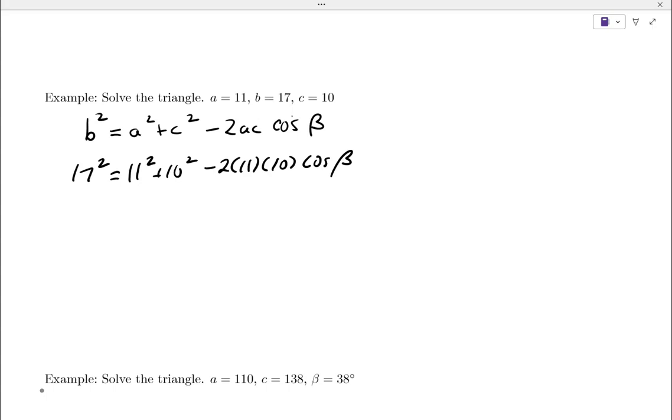So we need to get cosine beta all by itself. Let's see. 17 squared is 289. 11 squared is 121. 10 squared is 100. Oh, 11 times 10 is 110. 2 times that is 220. So you get a negative 220 in the denominator.